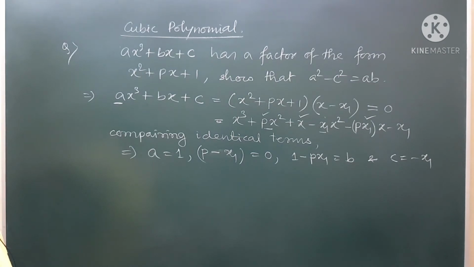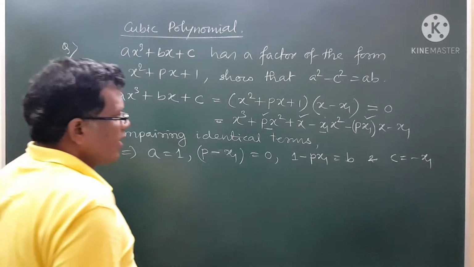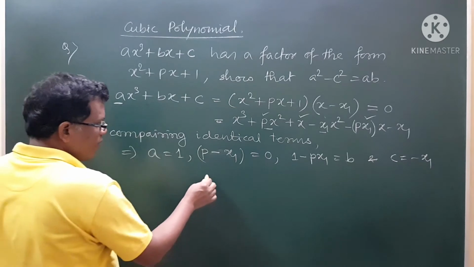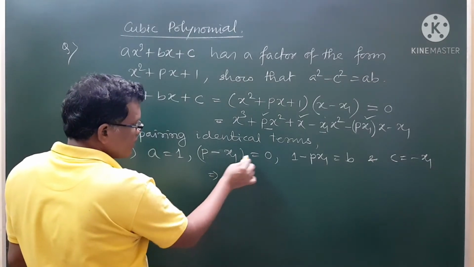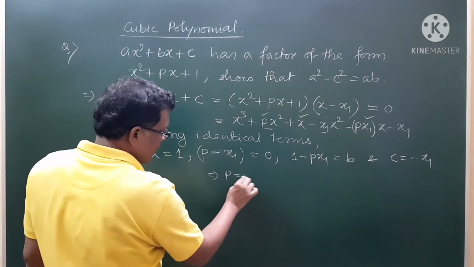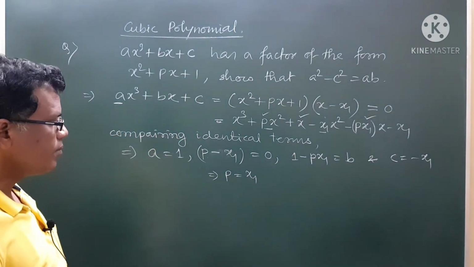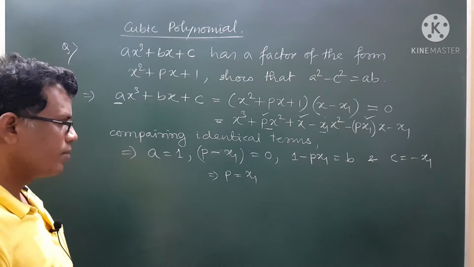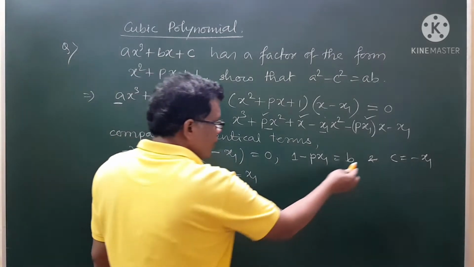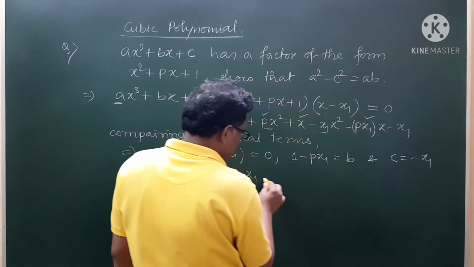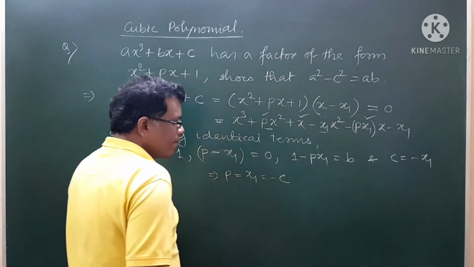So all together we are getting c as minus x1, and again from this part p minus x1 equal to 0, so from here I can write down p is equal to x1. So p and c will be equal. So p is equal to x1 and x1 is minus c.